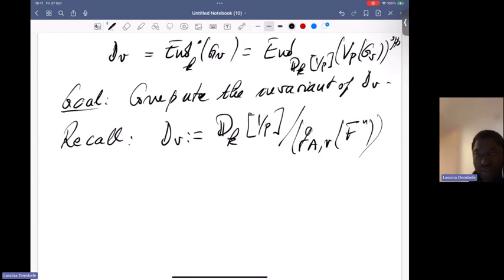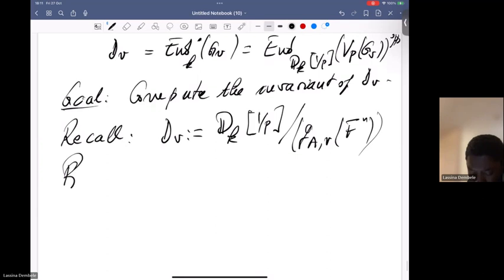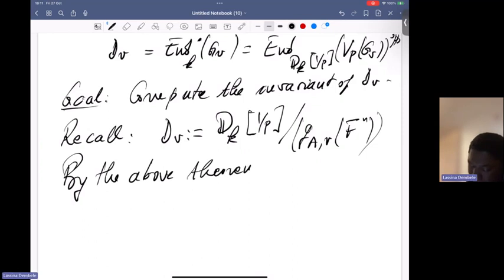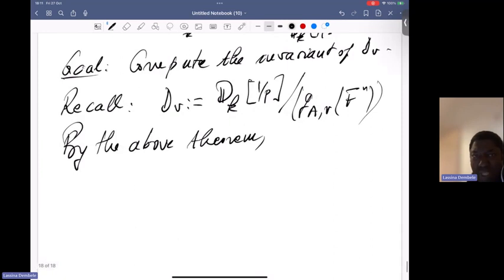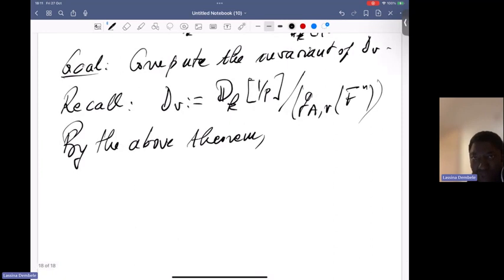So by the theorem that we saw, if we look at one of the main theorems that we proved, we know that the invariant of D_v, so let me write this on a separate line.